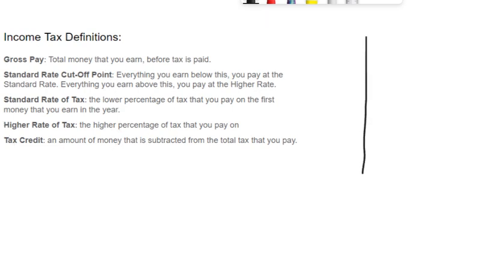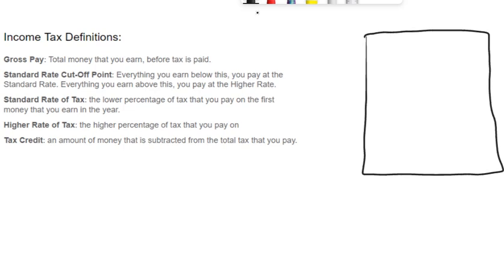So if you try and think about it like this, if you imagine that all of that there was all of the money you earned in a year, okay, that's what gross pay is. Adults can earn a gross pay of anything.